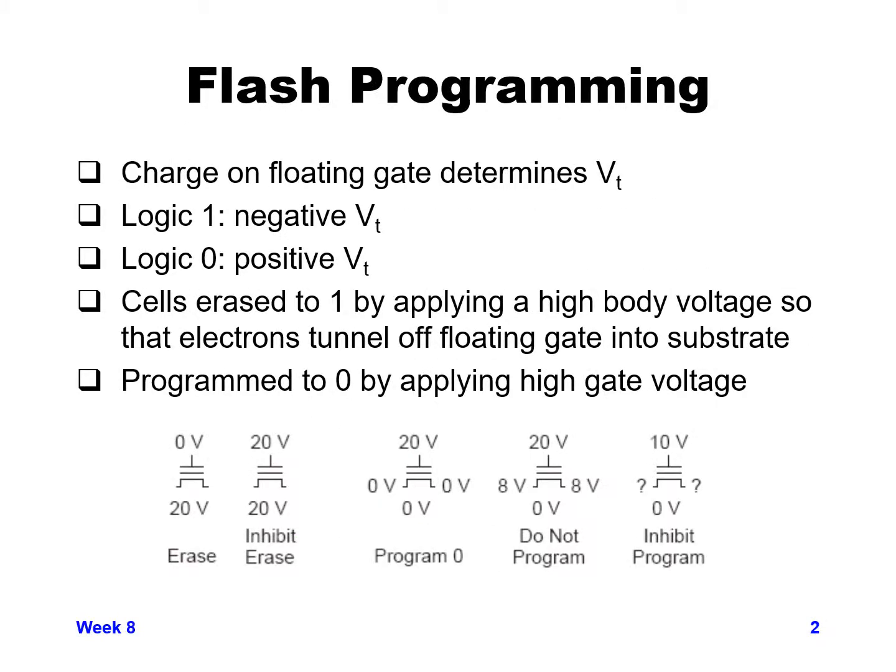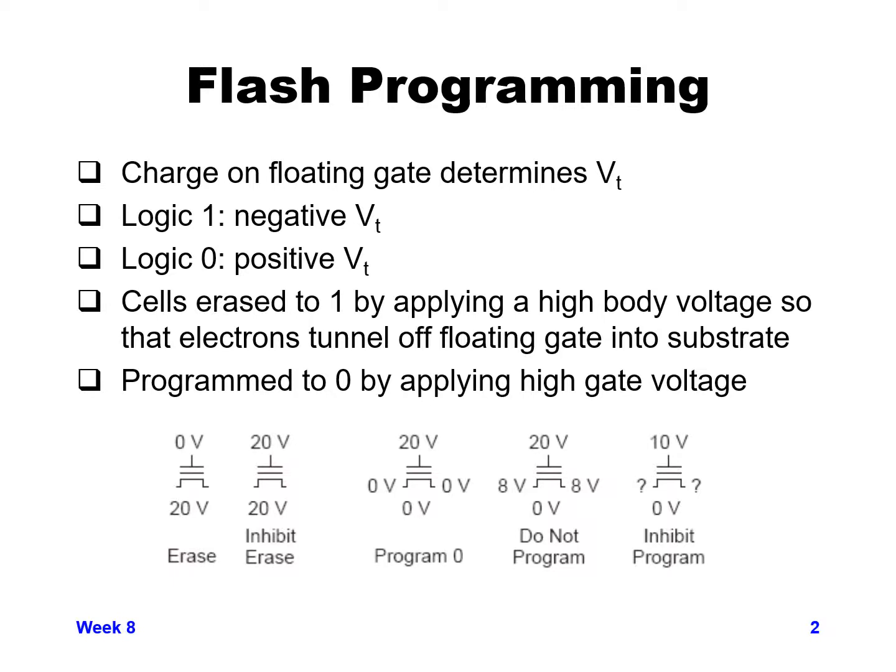So this foil goes into a little bit more detail of what I was talking about on the last foil, on how you can program your flash programming of your PROM transistors. And like I said, the charge that's on the floating gate determines the threshold voltage of that gate.